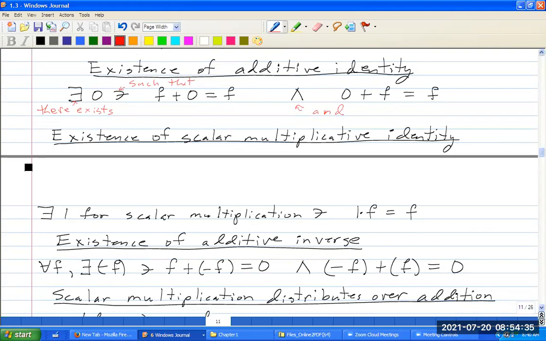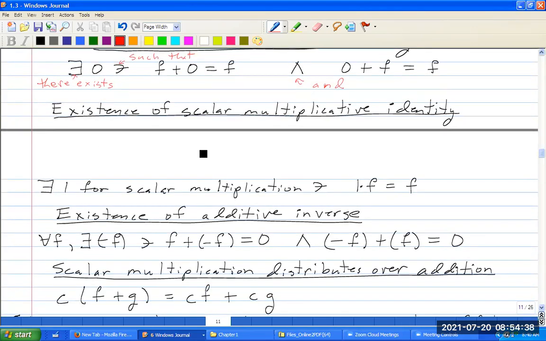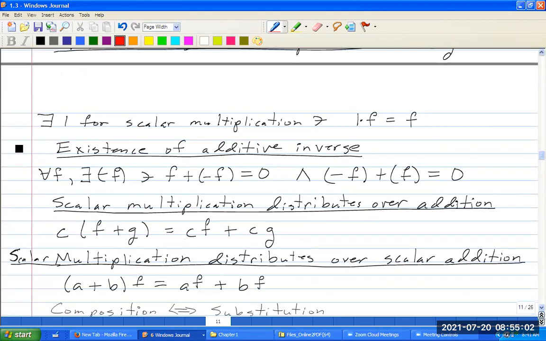The existence of a scalar multiplication identity. There exists a number 1, so this is the usual number 1, such that 1 times f is just equal to f. The existence of an additive inverse.